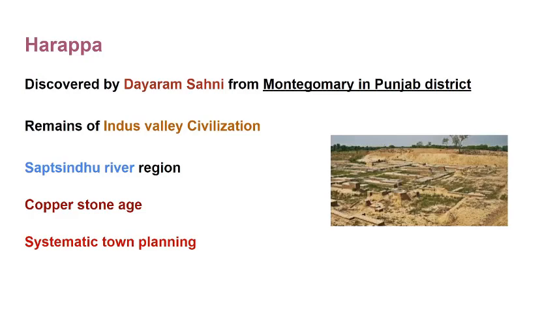So Harappa is one of the archaeological sites in Indus Valley civilization. Now we will talk about Dholaveera. Dholaveera is an archaeological site in Bhachau Taluka of Kutch district, and it is India's most prominent archaeological site associated with Indus Valley civilization.